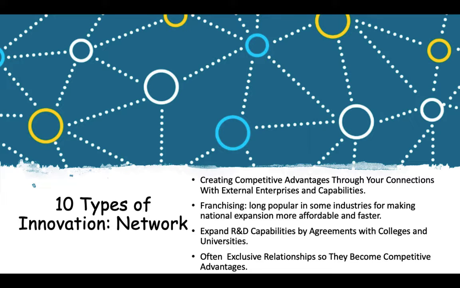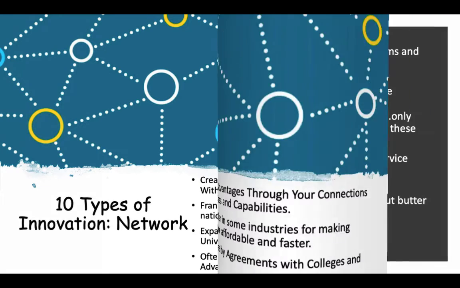So a number of people create competitive advantages through exclusive working relationships with external resources that are critical at the core of the product and service they sell, in a way of creating additional capabilities. And this can be partnerships, it can be alliances, a number of different ways this happens. So network can be a very powerful type of innovation.